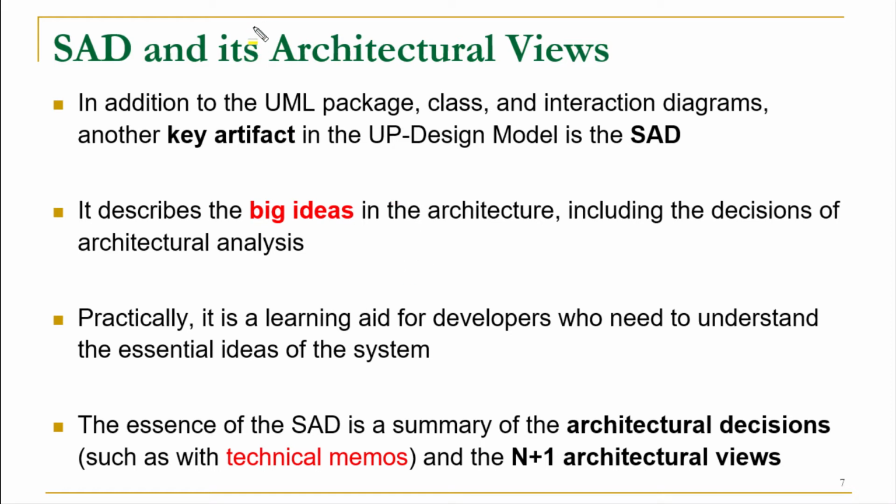So for the software architecture document, we can have different views in that document, where every view focuses on a specific perspective of the system. We will talk about what we mean by architectural views in the next slide. So the SAD describes the big ideas, and those big ideas are very helpful for newcomers, who are easily able to understand them by reading the software architecture document.